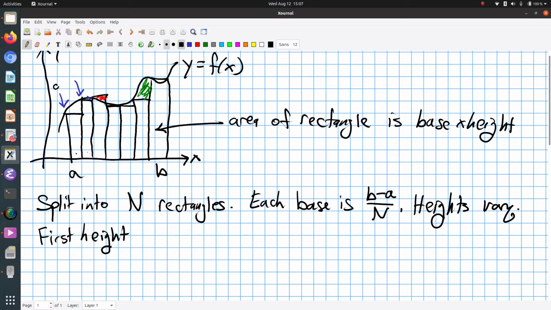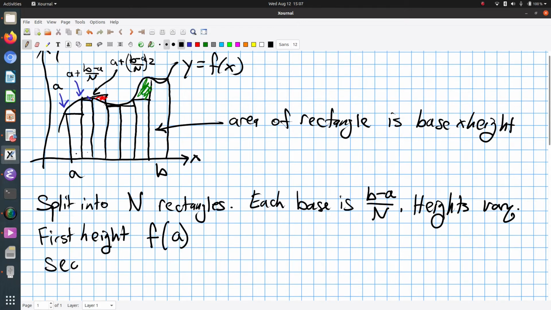Well, this first one is a, and this one is a plus (b minus a) over n, and this one is a plus (b minus a) over n, but there's two of them, times 2, and so on. I don't have enough room to write all the others here, but I can say the first height is f of a.